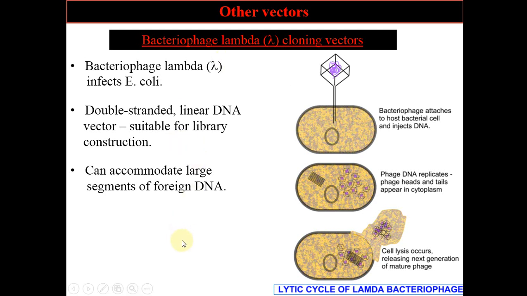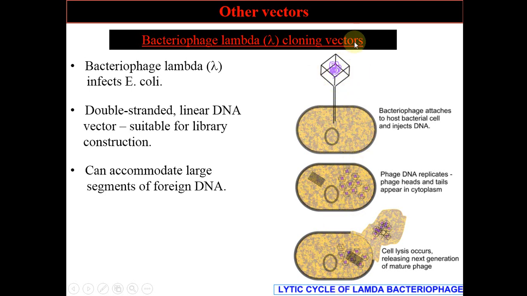So the next vector is the lambda phage vector, bacteriophage lambda cloning vectors. Now as we all know, bacteriophages are the smallest organisms. This is a virus which infects a specific host.